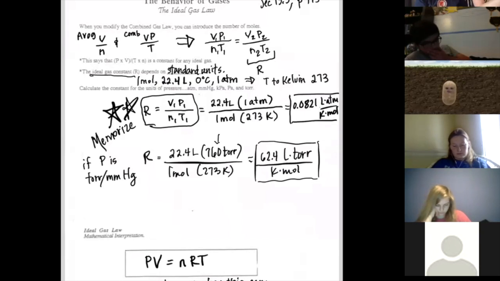So basically, for most situations that I'm going to give you that deal with moles or mass, this is the equation that you're going to use, the Pivnert equation.